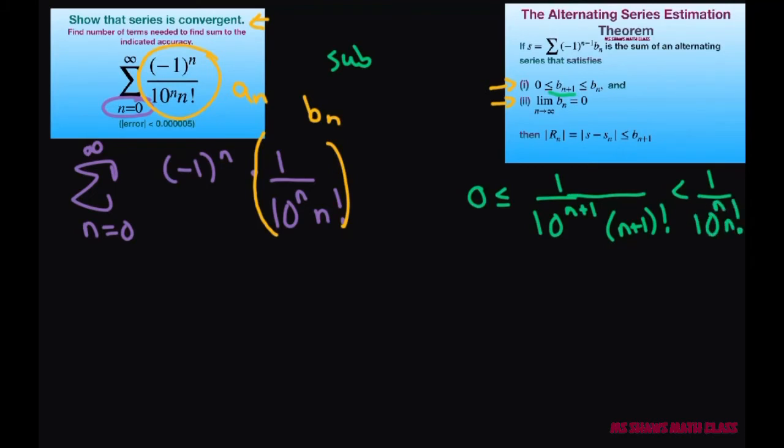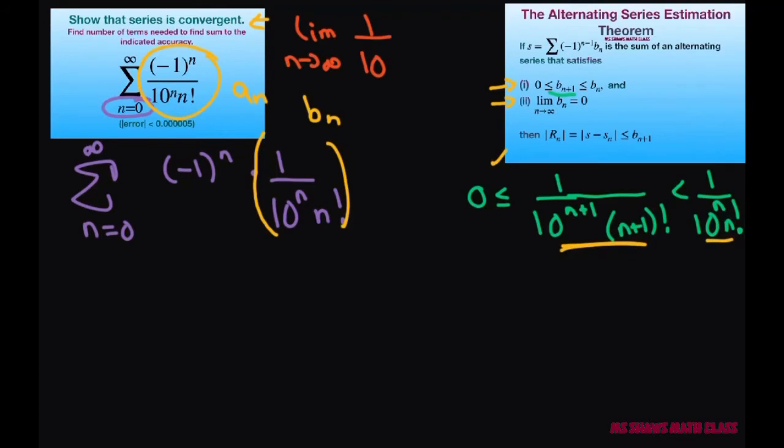And it is because this denominator is larger than this denominator. So it satisfies that.